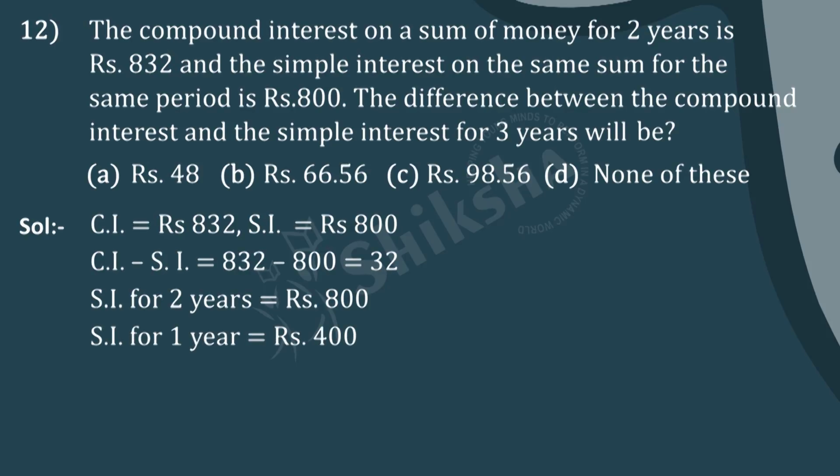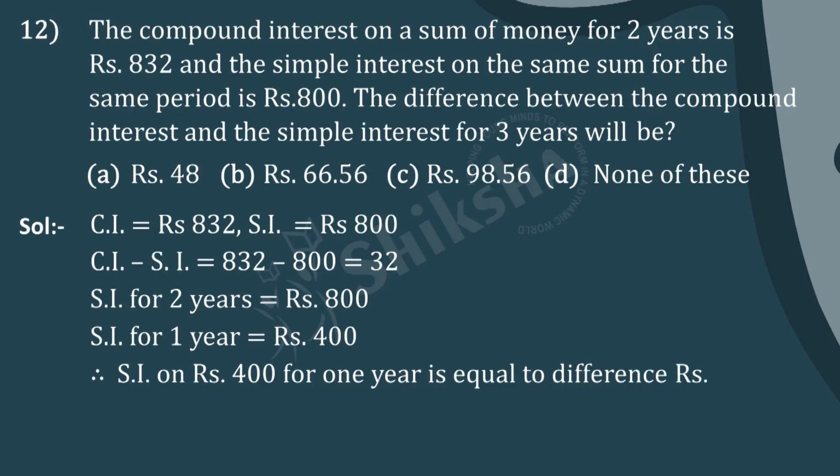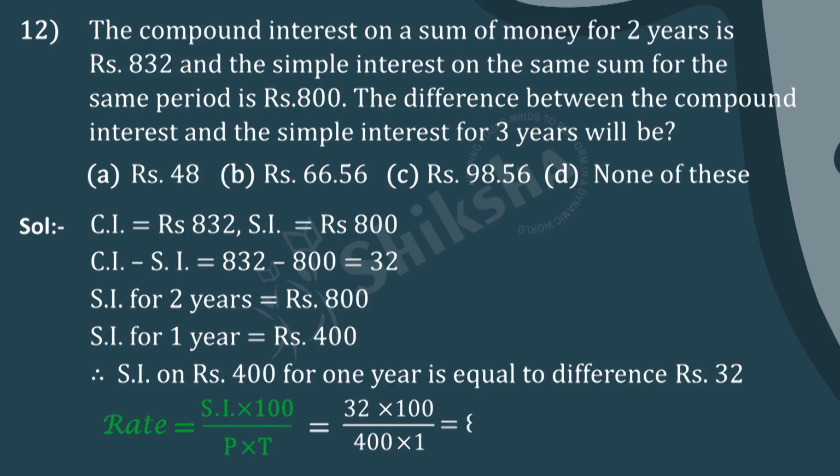Therefore, simple interest on ₹400 for 1 year is equal to the difference, that is ₹32. Hence, rate equals simple interest into 100 divided by P into T. Putting in the values, rate equals 32 into 100 divided by 400 into 1. Solving this, we get rate is 8%.